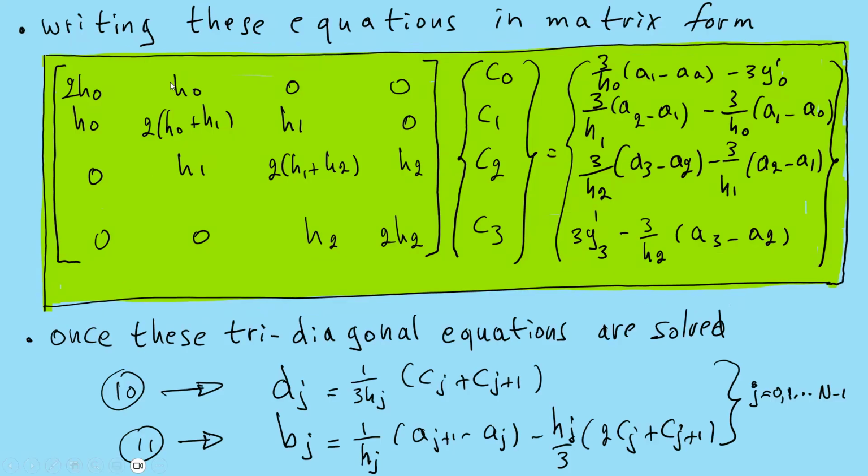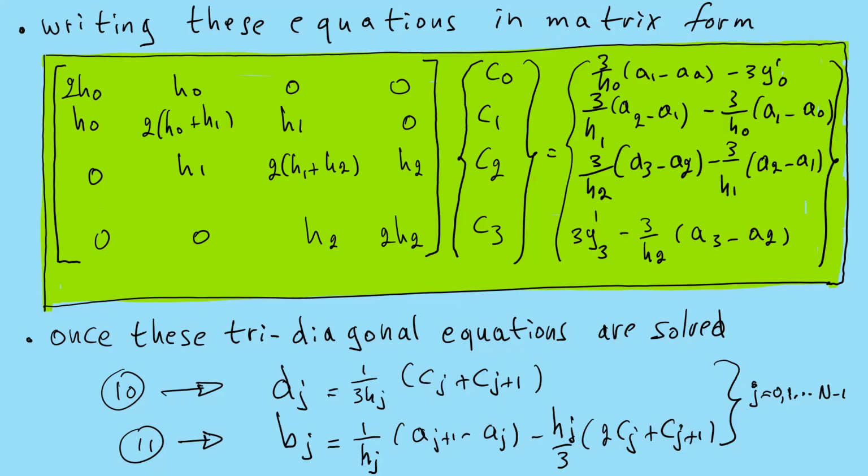As you can see, the first and the last rows, which represent the boundary conditions, are changed, but the other entries, meaning the internal data points of this matrix, are similar to the natural splines. Now we find the values of the C coefficients.